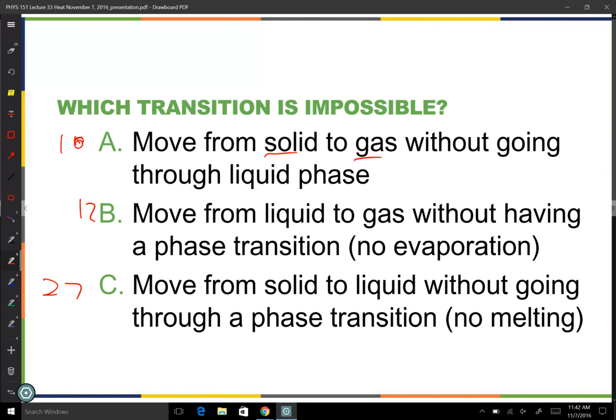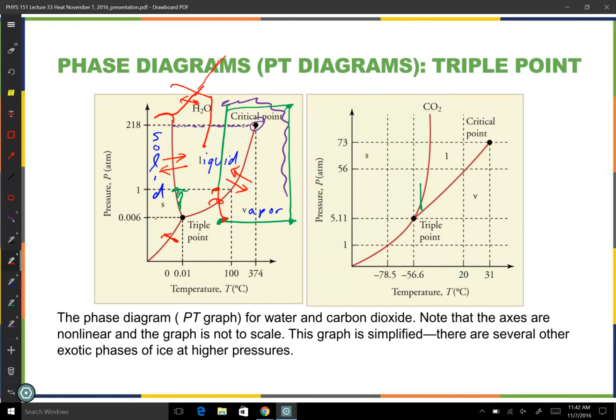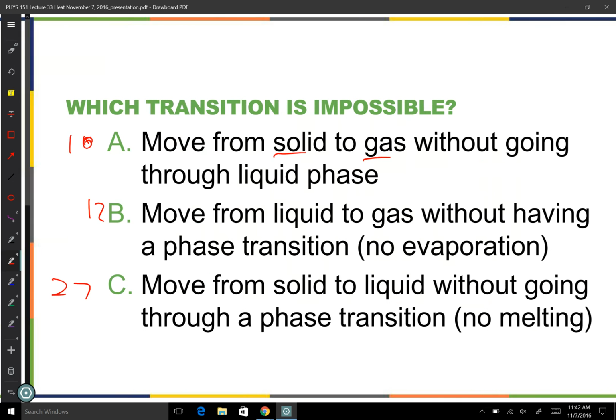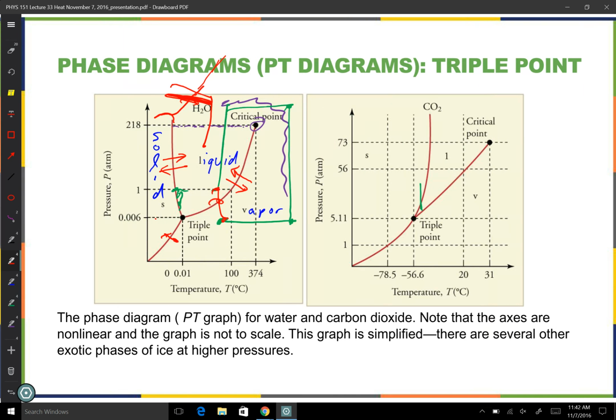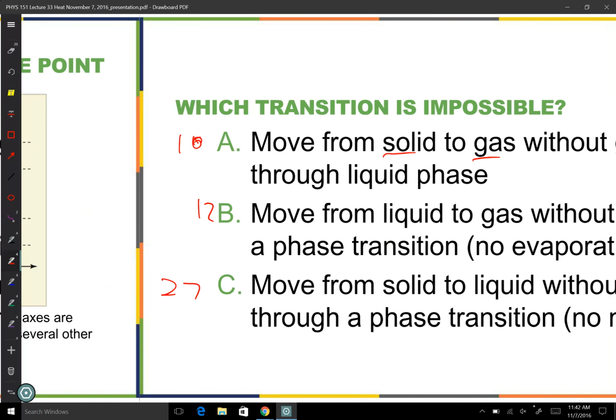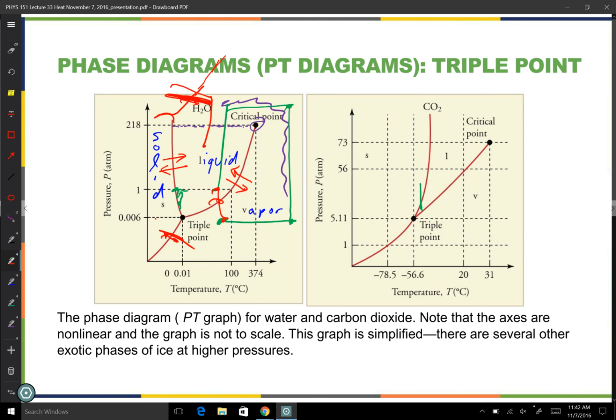Okay, solid to gas. Solid to gas without going through liquid. Solid to gas without going through liquid, yes, right there. Possible. Okay, liquid to what? It's down below. It's both. This here is not liquid.